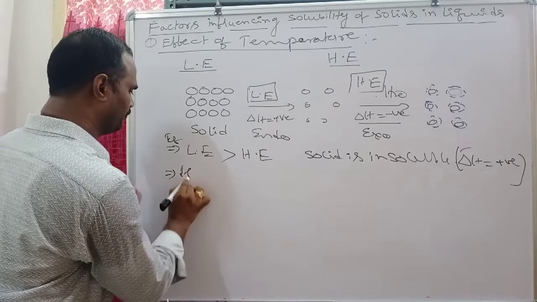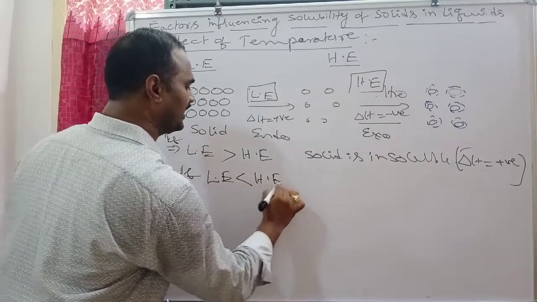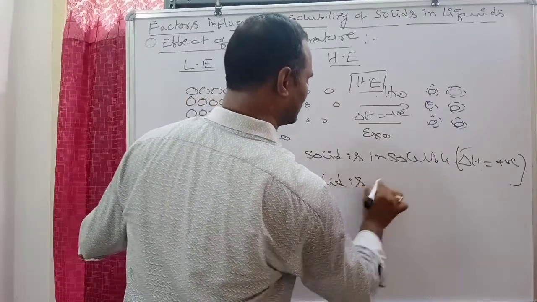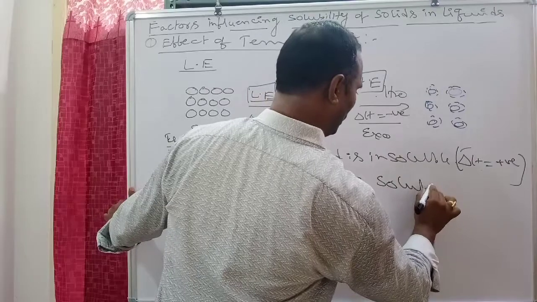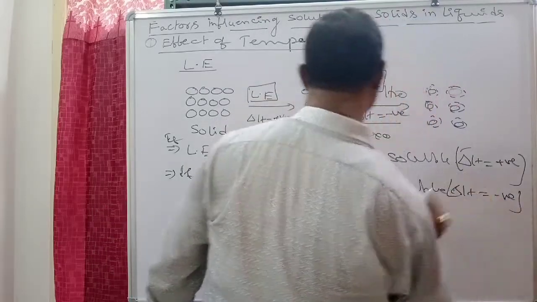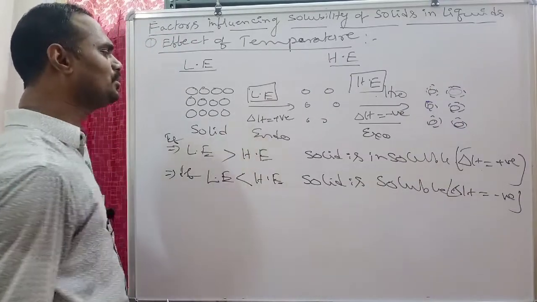Case 2: if lattice energy is less than hydration energy, the solid is soluble. Here delta H is negative. Reason: more energy is released compared to energy taken.